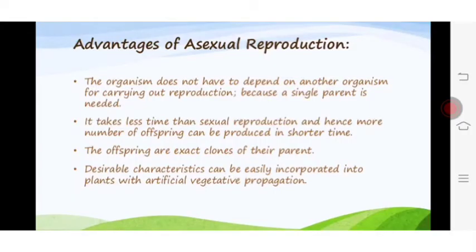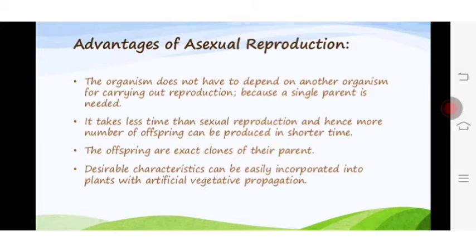When we think of why there is a need for sexual reproduction, we have to make a comparison between asexual and sexual reproduction. Let us first learn the advantages of asexual reproduction. In asexual reproduction, the organism does not have to depend on another organism, because a single parent is needed.